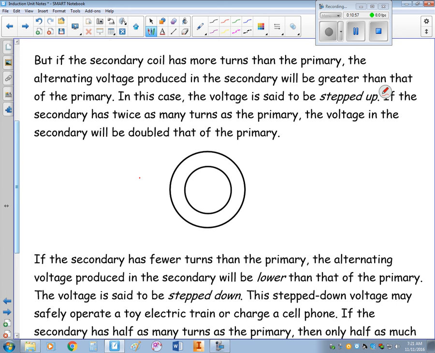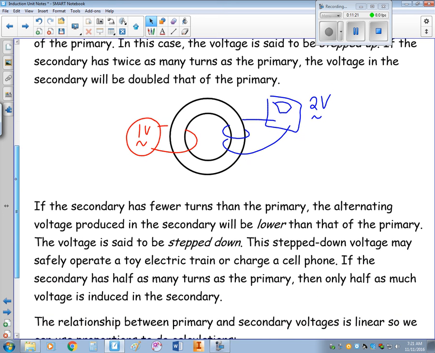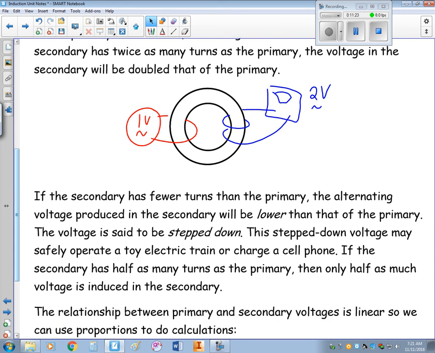So if I had 1 volt of alternating current at my source, now I have 2 turns, this would measure 2 volts alternating. So I get more voltage coming out than I had going in.